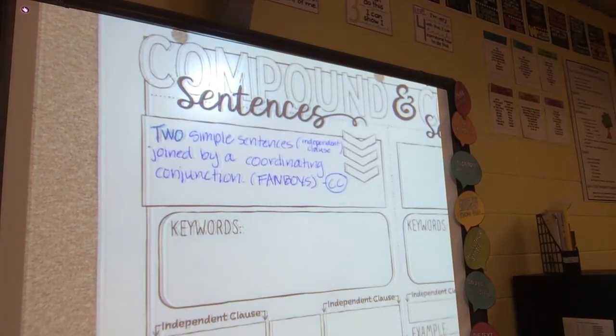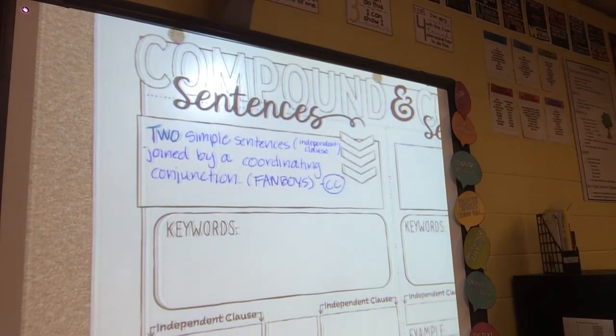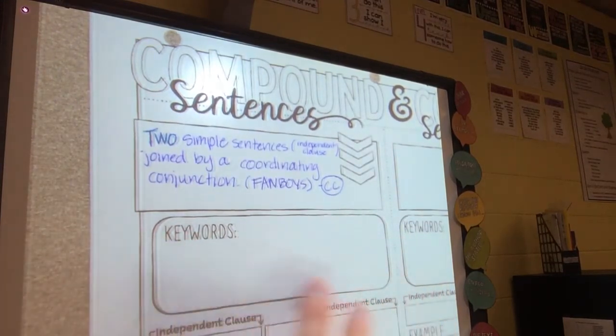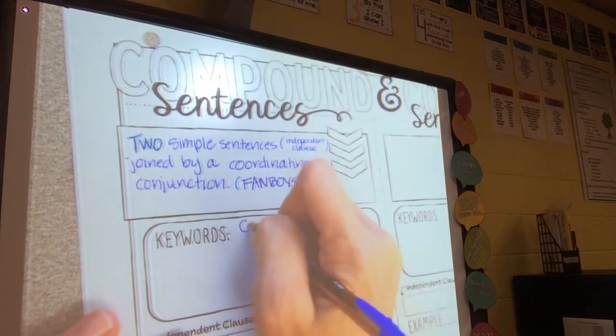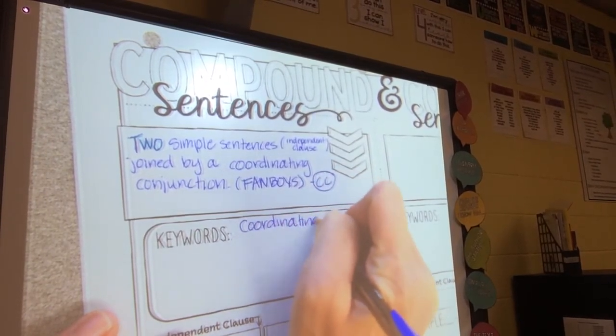Okay, but what I want you to notice is in the keywords box, I'm going to write those fanboys. So in keywords, I'm going to write coordinating conjunction. And again, we know this.